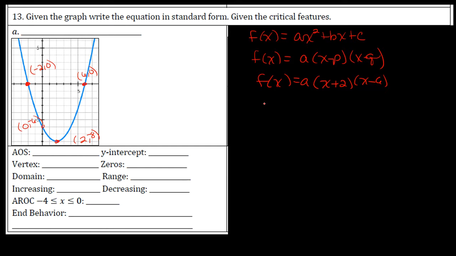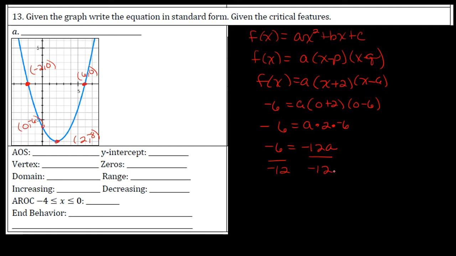So f of x is going to be negative 6, and 0 will be my x value. So I'm using point 0, negative 6. I get a times 2 times negative 6. I get negative 12 times a, and my a value is positive 1/2.